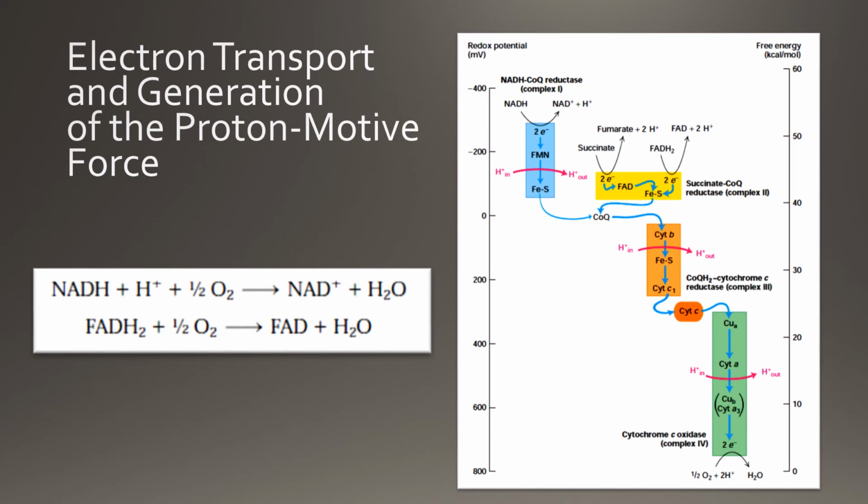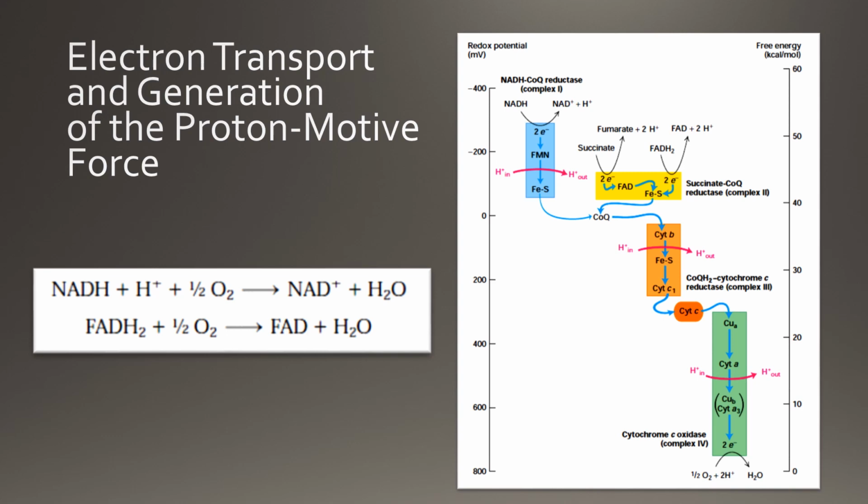Up to here, we understand that most of the free energy released during the oxidation of glucose to CO2 is retained in the reduced coenzymes NADH and FADH2 generated during glycolysis and the citric acid cycle.